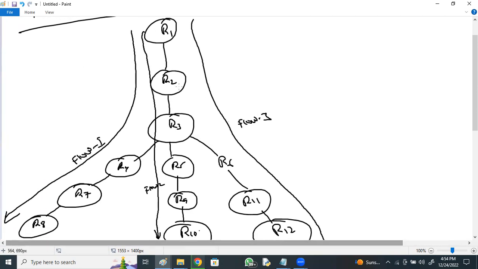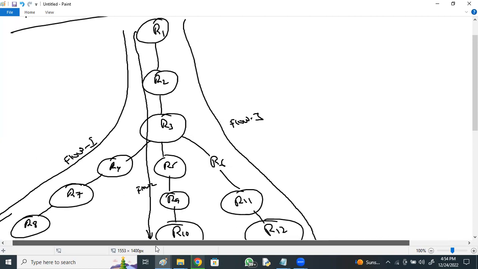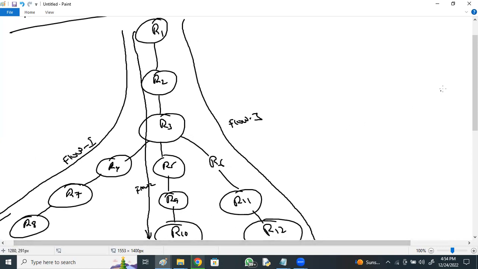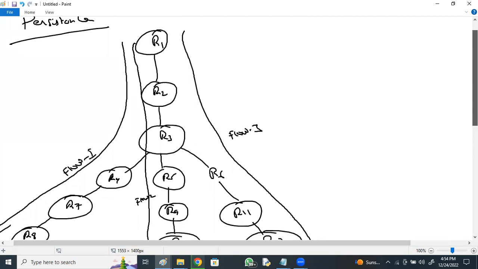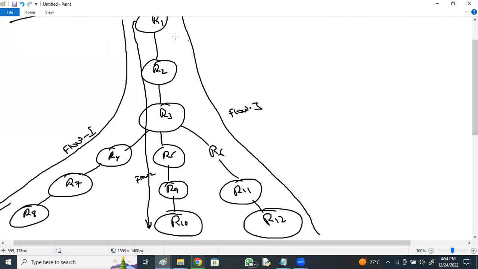Everyone understand? I want response. I want the sessions to be interactive, right? Everyone try to respond. So I understand: flow 1, flow 2, and flow 3, 3 flows. R1, R2, R3 is here. Flow 1 is what? Try to say: R1, R2, R3, R4, R7, R8.